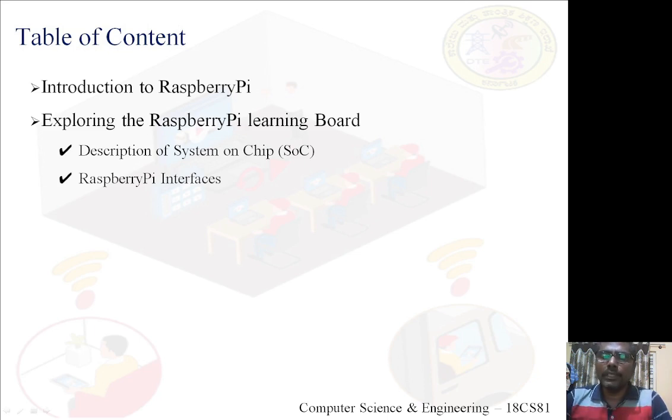I mean to say, on the board which I call the Raspberry Pi board, there is a system, and that system is nothing but a computer. Clear? Then after coming to know about system on chip, we will look at the interfaces that Raspberry Pi supports. Then we will wind up the session.